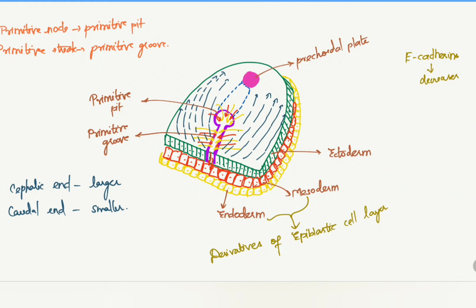So this canal is called the notochordal tube. It is also called the notochordal canal or the notochordal process. So from this it is clear that the notochordal tube, canal or process is a derivative of the primitive node.